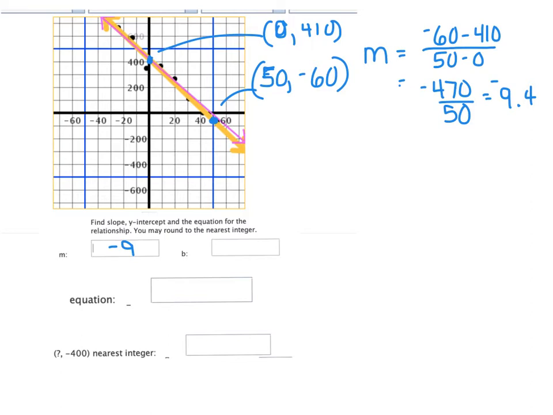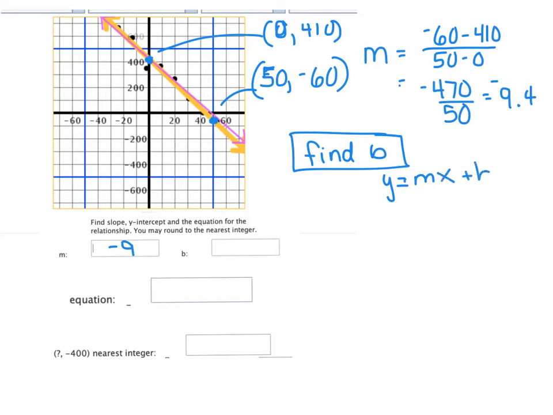Since I actually picked a point right on the y-axis, I know that it is 410, but I want to remind you that if you didn't choose that one, you do y equals mx plus b, and you use one of your points to plug in. So I'm going to use negative 9 for my slope, and 410 for my y, 0 for my x, plus b.